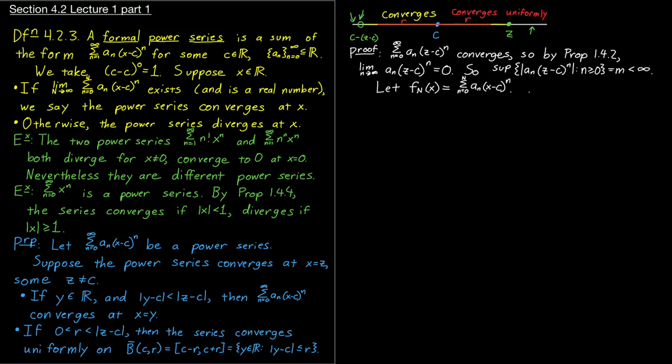And now let's notice that if big M is bigger than big N, then f sub m of x minus f sub n of x, that's the sum from n equals big N plus 1. It's all the terms in f sub m that aren't also in f sub n.